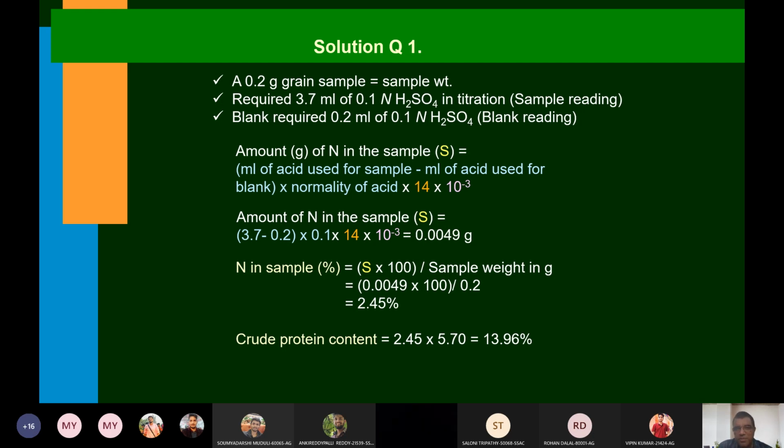So now you can convert to percentage, very simple: that into 100 divided by sample weight in gram. So you get 2.45% nitrogen, and for crude protein, the factor for wheat is 5.7. So you get 13.96 approximately. So is it clear, others? Yes, sir.